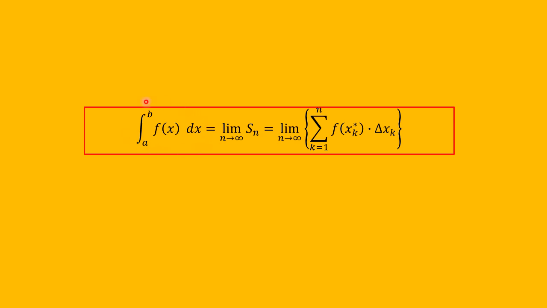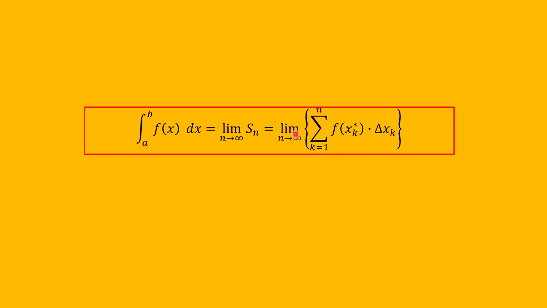So then the integral from a to b of f of x dx is the limit of these types of Riemann sums that we looked at. The limit as n goes to infinity of the s sub n's, which is the limit of these types of things which are Riemann sums. Now remember that we divided the interval ab into n equal length subintervals.